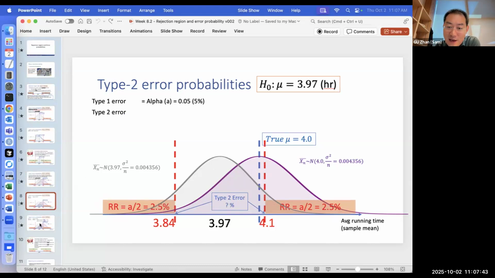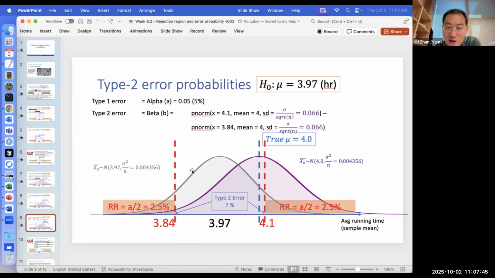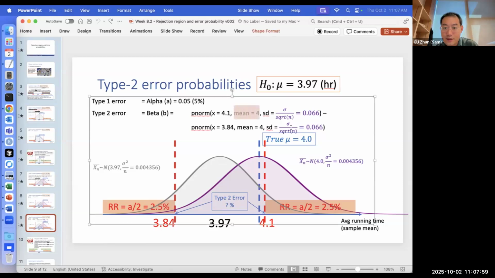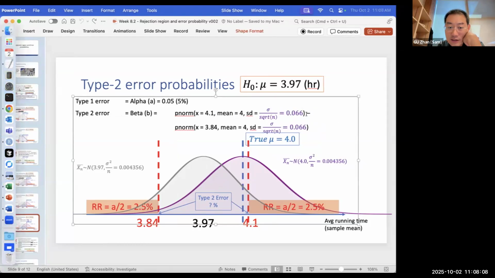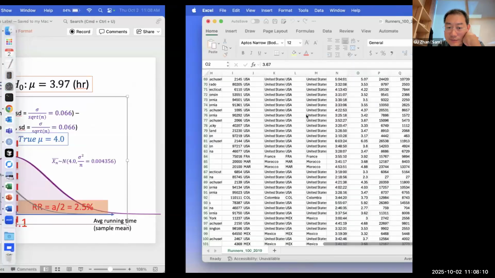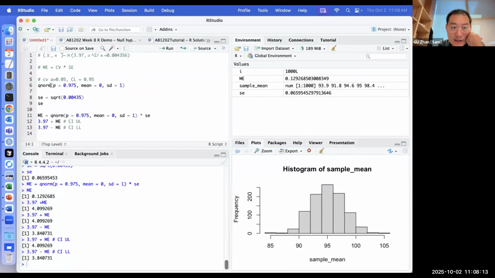Okay, so now let's look at how we calculate it. We know this purple curve follows a normal distribution, centered at 4, mean value equal to 4, and its standard error is 0.066, which is what we calculated earlier.